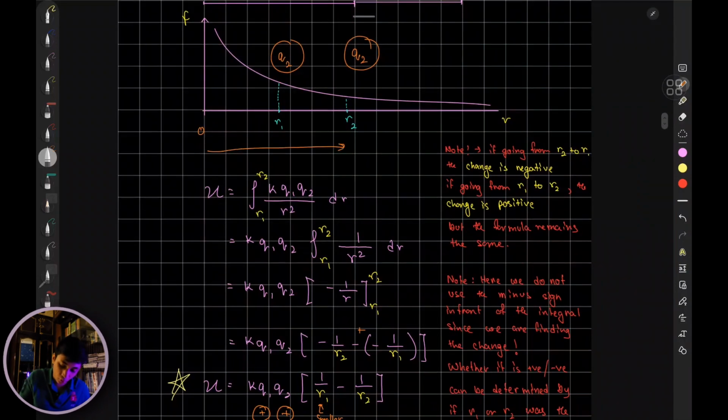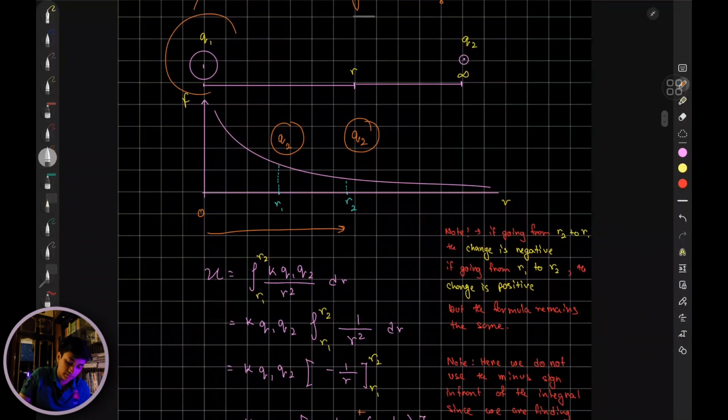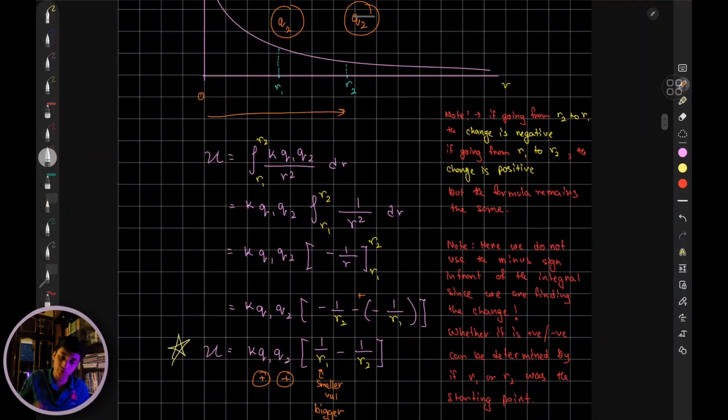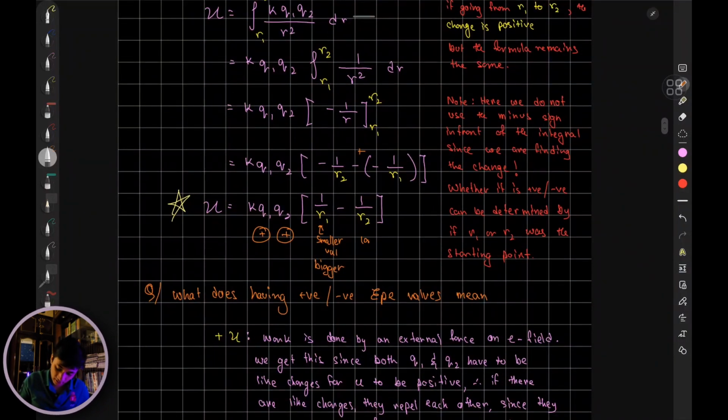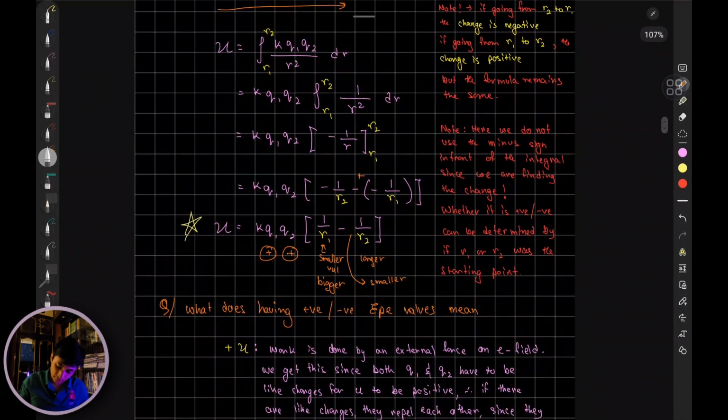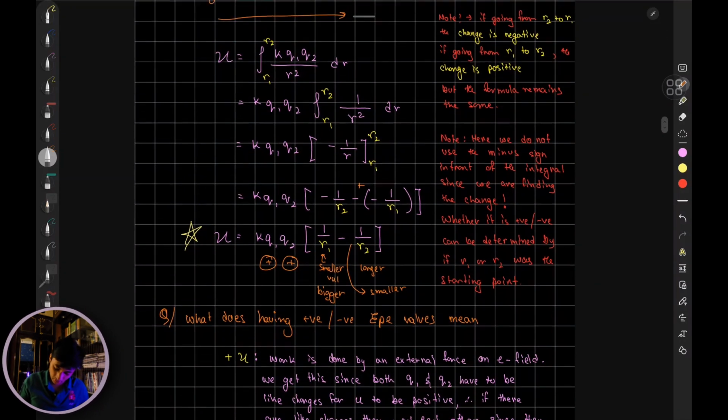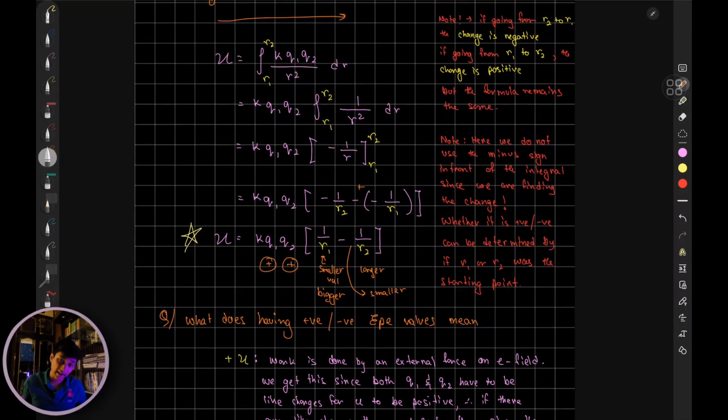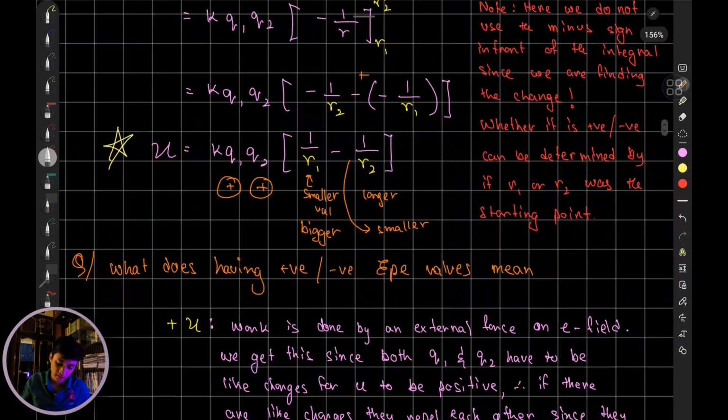Since it's away from the origin or your initial charge, R2 is going to be larger. Okay, so larger, but the inverse is going to be smaller. So in that case, your final answer is going to be a positive value.